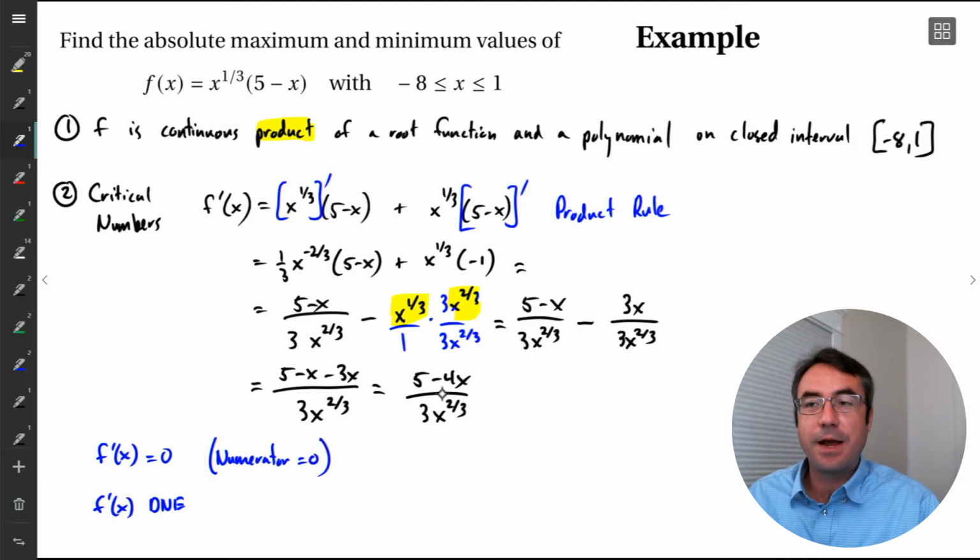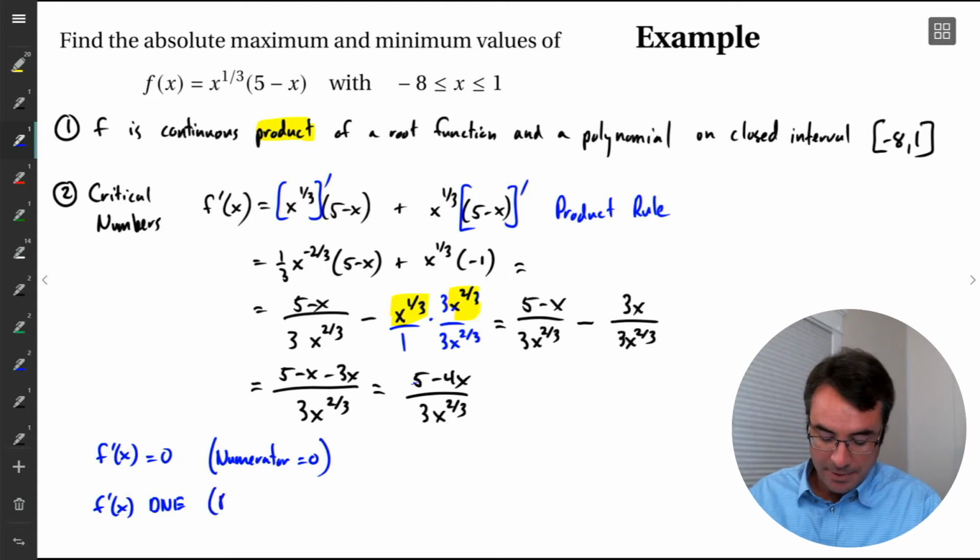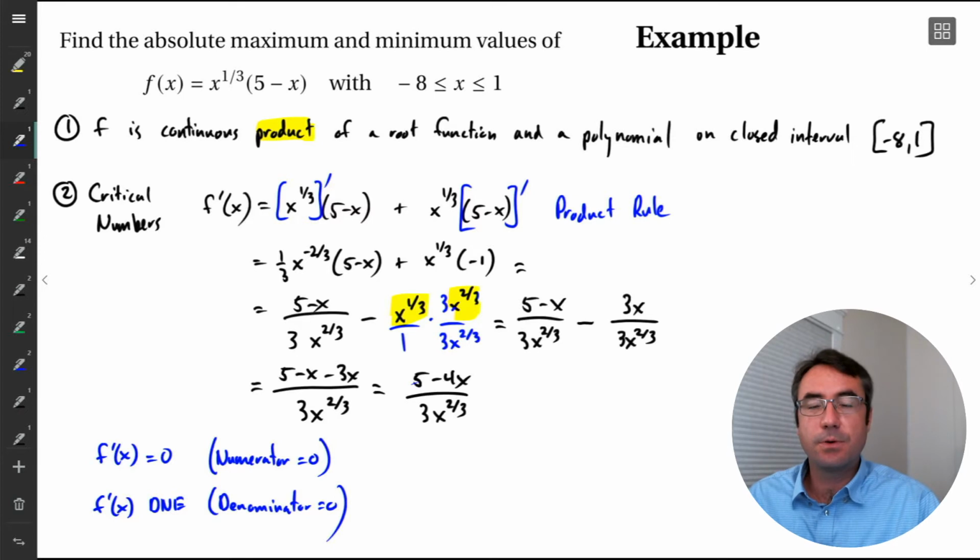And the way a fraction is undefined, normally for these functional terms, is if we divide by 0. So if our denominator is equal to 0. So that's what we're going to look at.